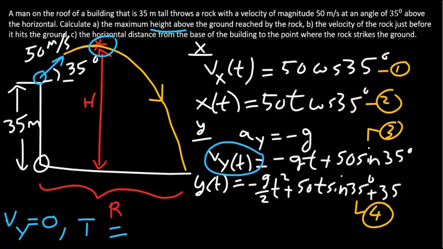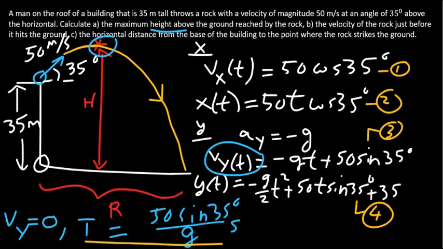And you see, equation 3 would give you 50 sine 35 degrees over the gravitational acceleration. This is the time. So when t is this, the y coordinate is h.